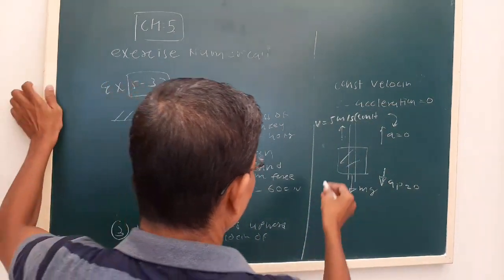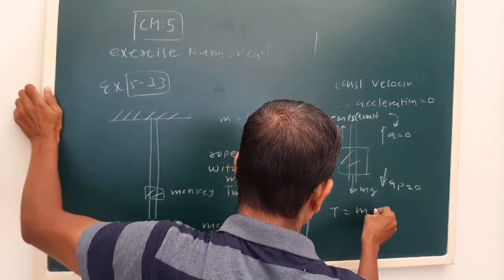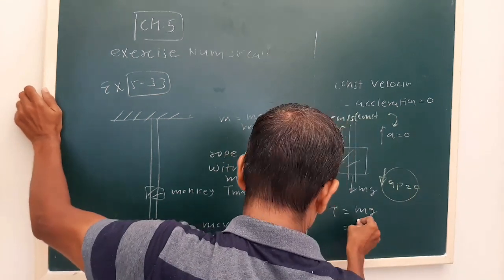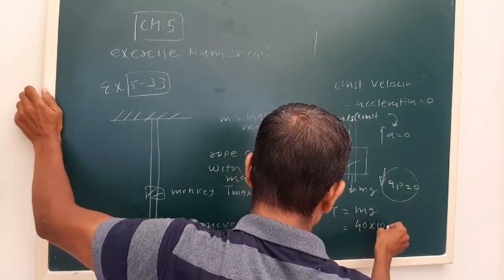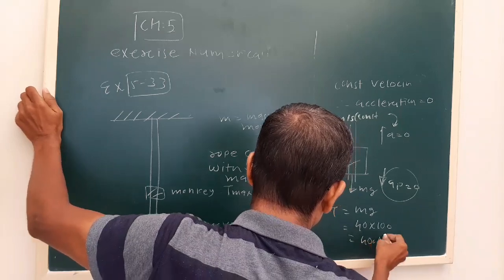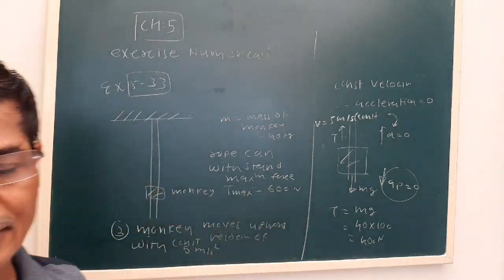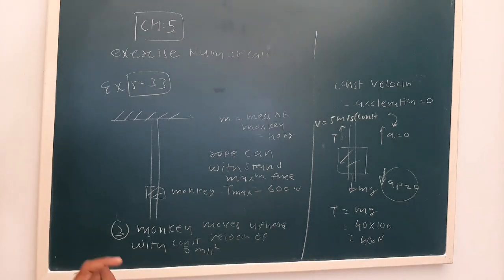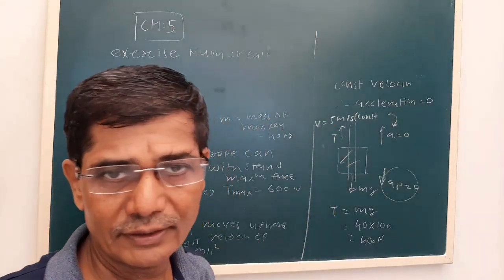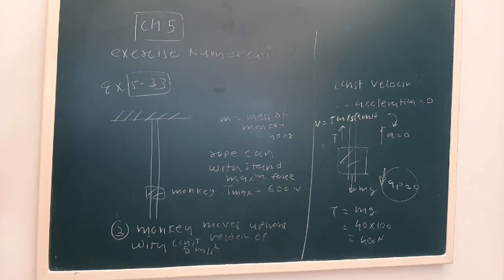So what is the tension? T is equal to mg only, because AP is 0. So here also T is less than 600 Newton. That's why he can move upward on the rope with a constant velocity safely.